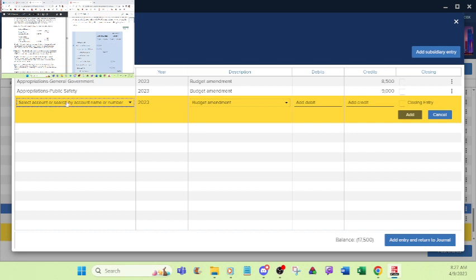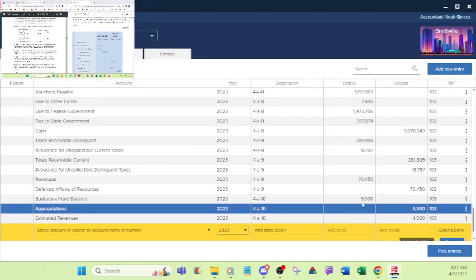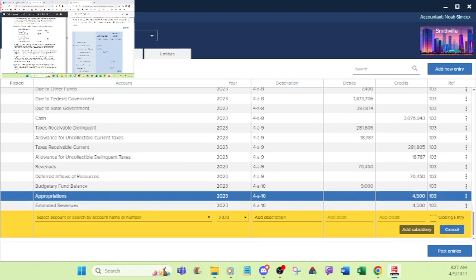Then they have the culture and recreation, which is going to be a decrease of 13,000. See? Budgetary fund balance has to balance out these two.